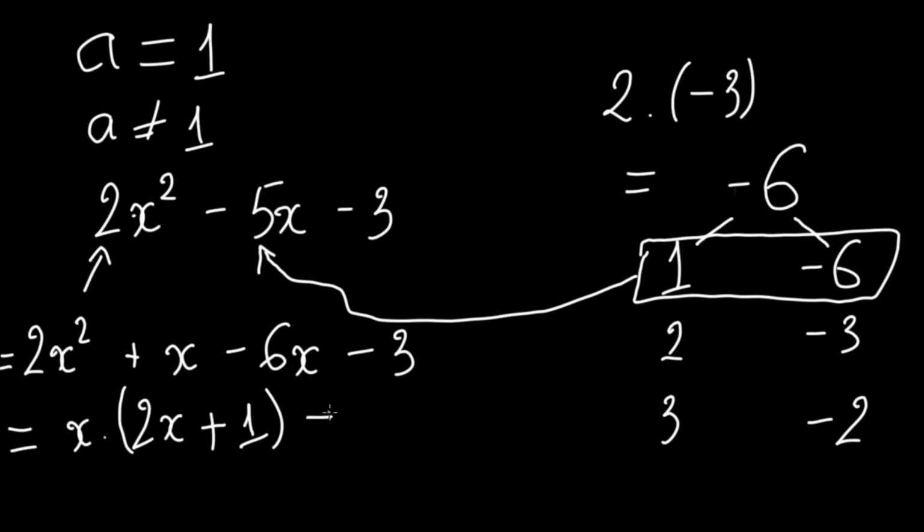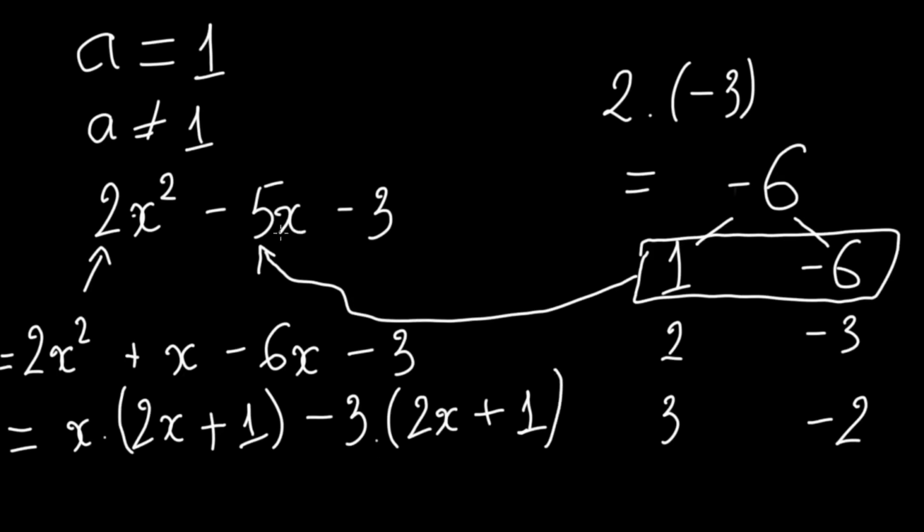We put a minus sign right here, and then we put 3 outside, and then inside we get 2x, because negative 3 times 2x equals negative 6x, right? Plus 1, because negative 3 times 1 equals negative 3.